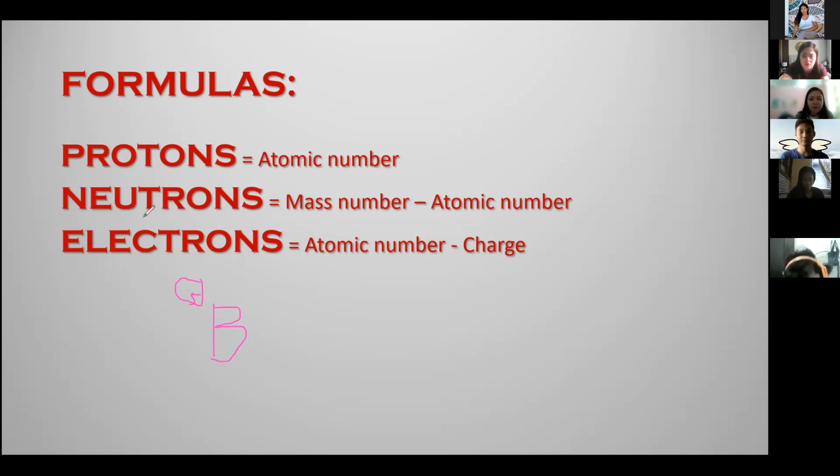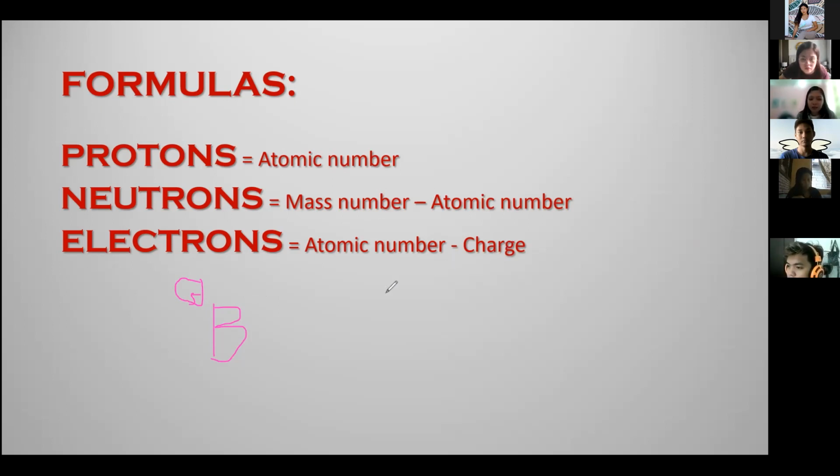Now, the number of neutrons is the difference between the mass number and the atomic number. And the number of electrons is equal to the atomic number minus the charge of the species.